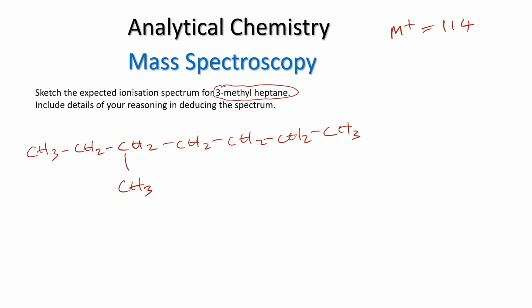To do that, I will number the carbon atoms: 1, 2, 3, 4, 5, 6, 7. Now we'll look at the possible fragments when the bond between carbon atom number 1 and 2 is broken.